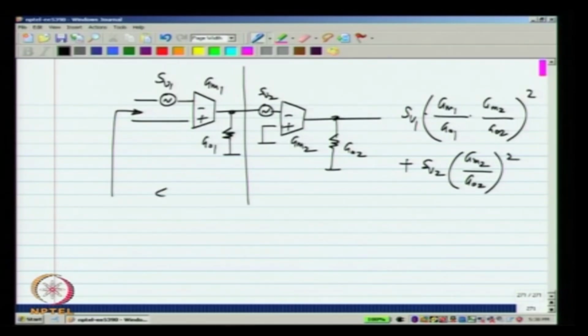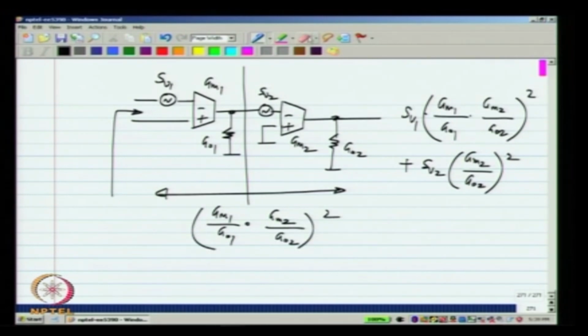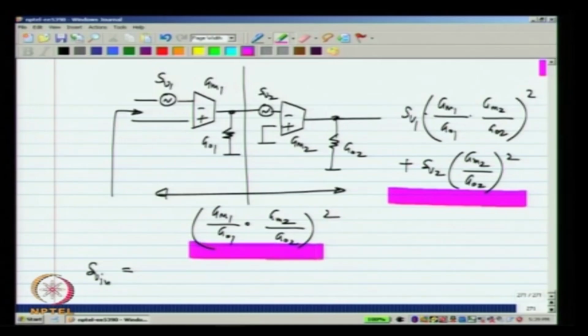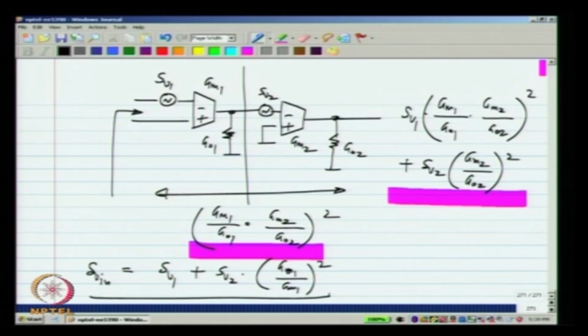And the overall gain we know is (GM1 by GO1 times GM2 by GO2) whole squared. So, if I want to represent the effect of both these noise sources with a single input source here, what I have to do is divide this by that one. So, I will have SV1 adding directly, that is what we expect. SV1 simply adds to the input plus SV2 times (GO1 by GM1) squared.